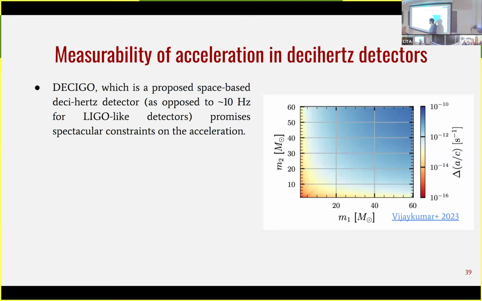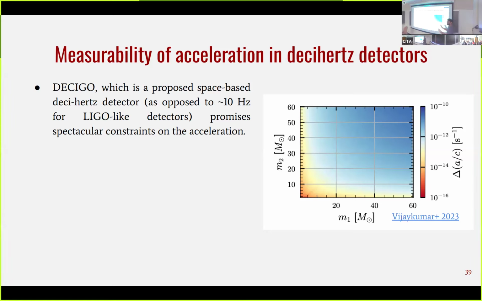However, if you have decihertz detectors, which are again in planning stages, decihertz meaning they operate in the 10 to the minus 1 hertz regime, these would have really long inspirals for these binaries. And because you have long inspirals, you can also measure the acceleration better. You can go down, especially for binary neutron stars, to constraining about 10 to the minus 16 per second.